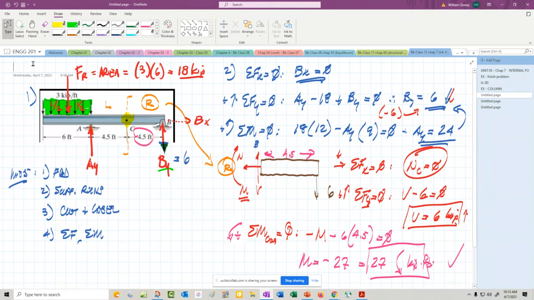Let me label this one again, EX. And I'll call that beam 1. And beam 2, and let me pull that over here.